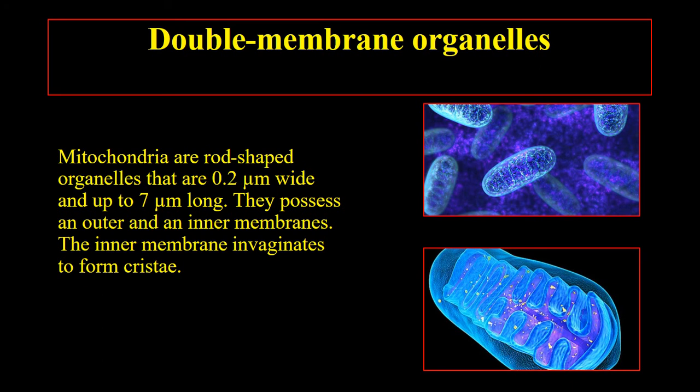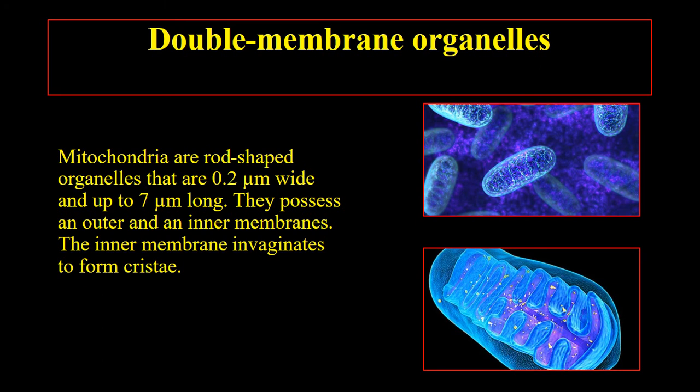They possess an outer and an inner membrane, and the inner membrane invaginates to form cristae. There are such parts of the mitochondria which are called matrix and intermembrane space.